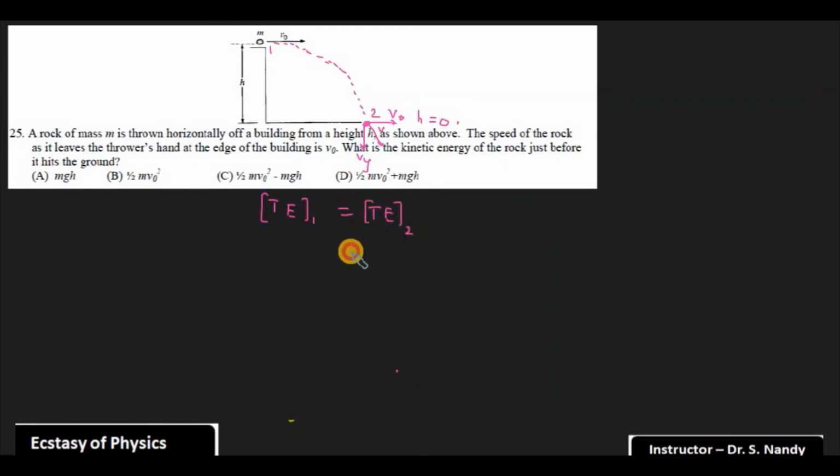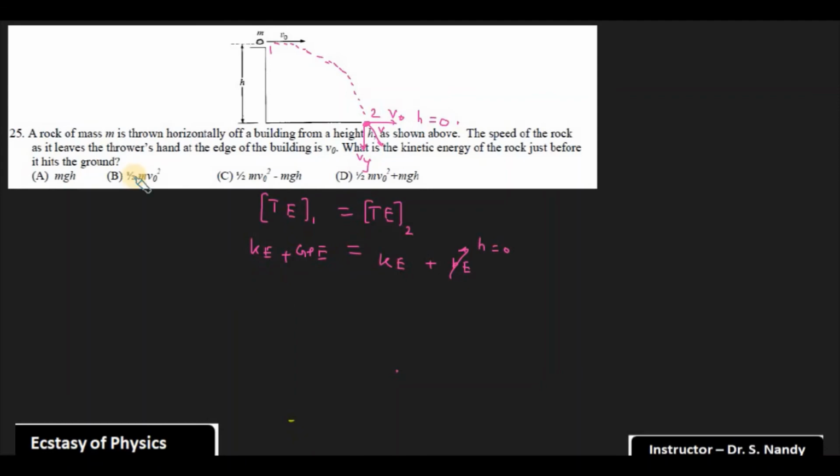Now the total energy at point 2 is represented only by the kinetic energy, since the potential energy is 0 as h is equal to 0. That means the kinetic energy at point 2 can be represented by the total energy at point 1. What is the total energy at point 1? It is the summation of kinetic energy and gravitational potential energy at point 1.